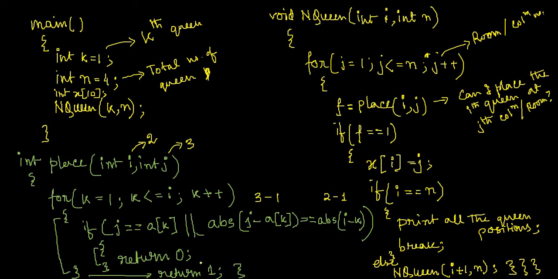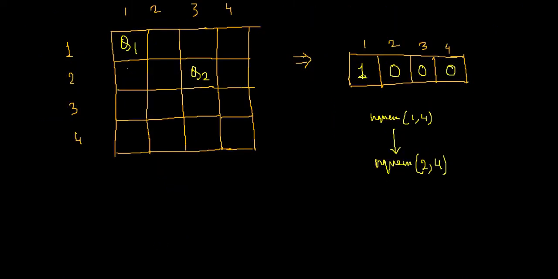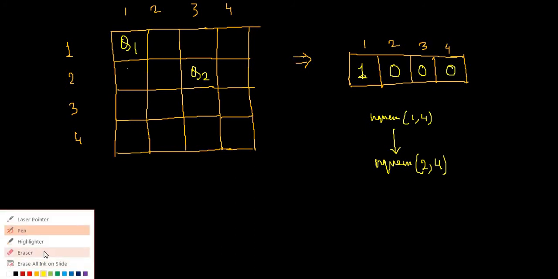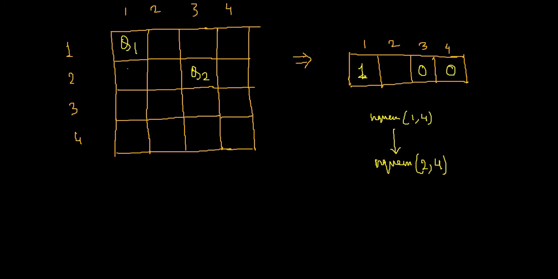That means you can place the second queen in the third position. So f will be 1, that means x of i will be equal to j, now for i equal to 2 and j equal to 3. So that means this second position of the array will now be written 3, as if the second queen is placed in the third column.